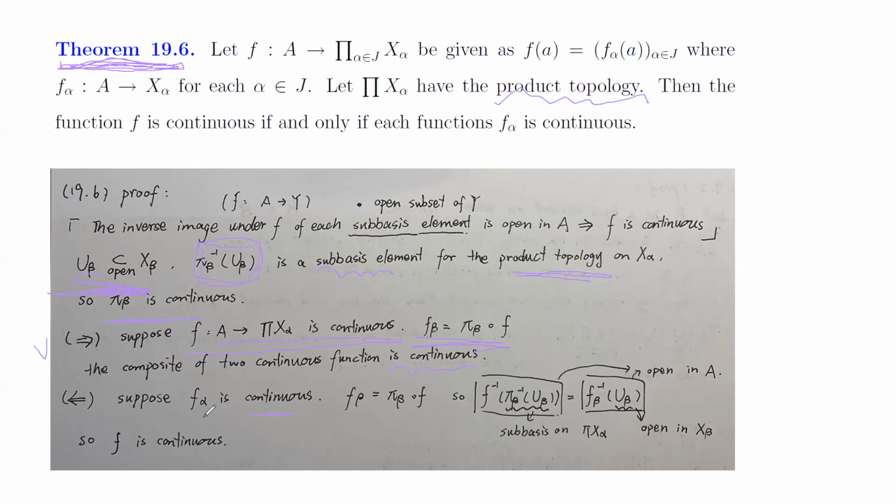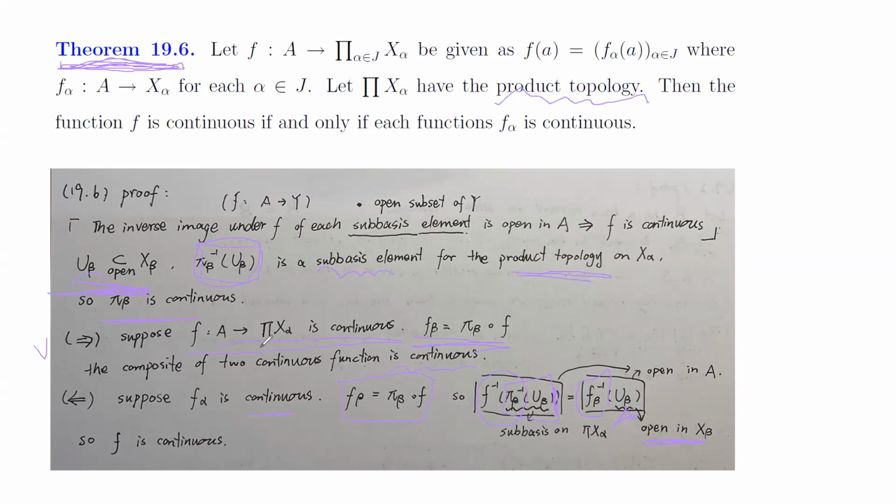The second one is we first assume that f alpha is continuous. And then this composite function is the same. And then the more important part is here. Because this thing is a sub-basis on the product of X alpha, if we write this function as f beta inverse, we get f beta inverse of U beta, and this U beta is open in X beta.